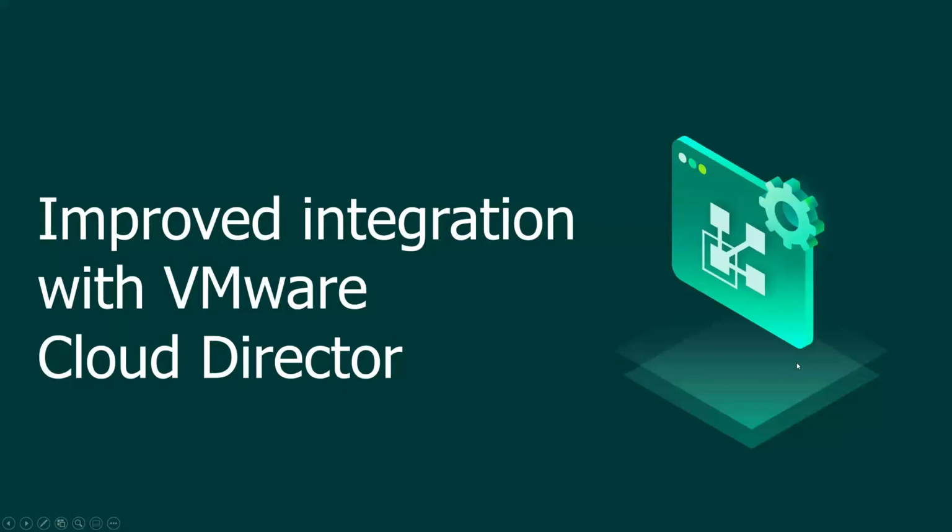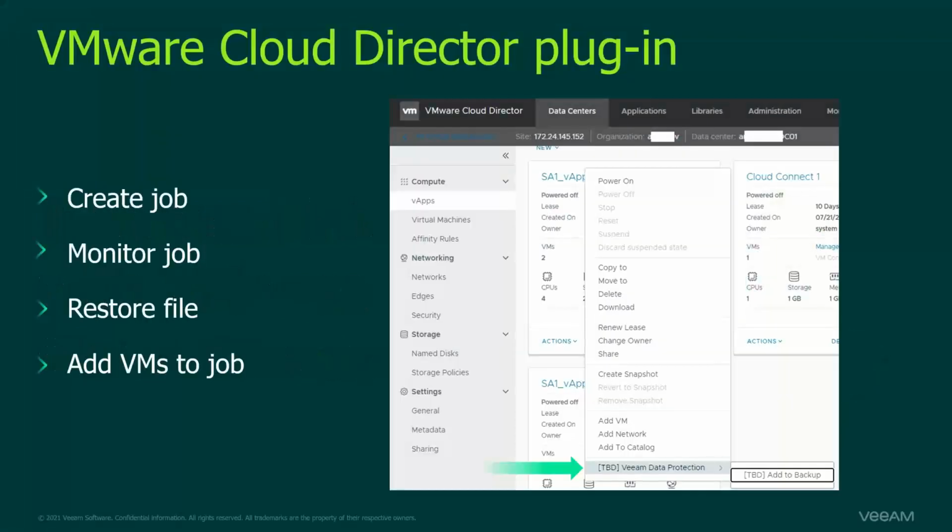So now we'll move on to the VMware Cloud Director module. Again, there are multiple features to talk about, some quality of life improvements. First, as already mentioned by Kate, it's a native plugin.